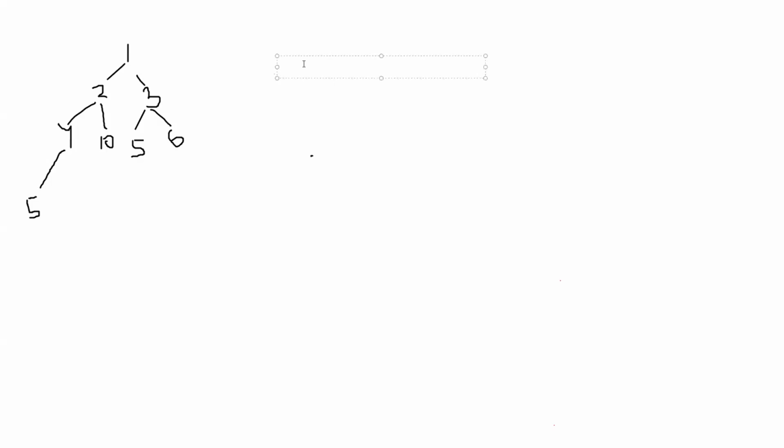Its in-order is 5, 4, 2, 10, 1, 5, 3, 6, correct? So first, I have to find the predecessor of whatever current node I'm visiting, and if I'm able to find the predecessor, I just link it with this node back.